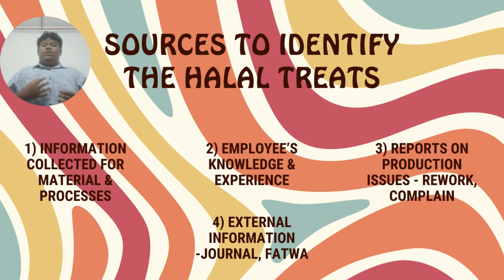For example, if we are a new halal executive at the company and we want to know the HCP, we can ask employees who have worked for a long time about their experience with a process: is there any contamination between halal and haram material? The third is reports of production issues, for example a reward or a complaint from a customer. Lastly, external information, which we can find in journals and fatwa.